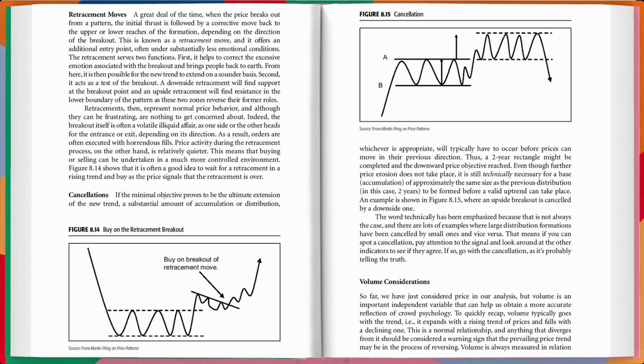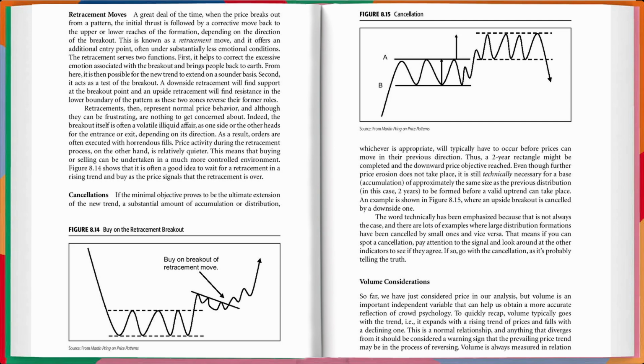Cancellations. If the minimal objective proves to be the ultimate extension of the new trend, a substantial amount of accumulation or distribution, whichever is appropriate, will typically have to occur before prices can move in their previous direction. Thus, a 2-year rectangle might be completed and the downward price objective reached.